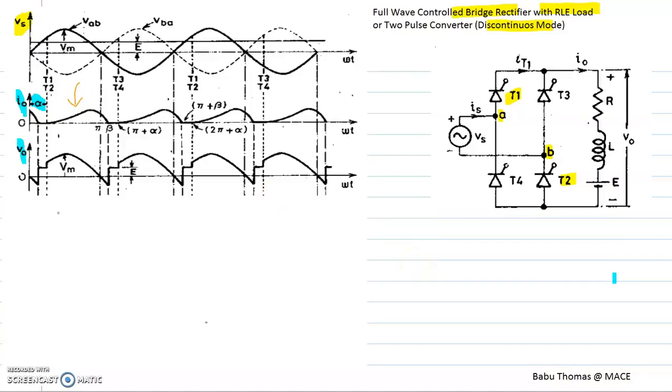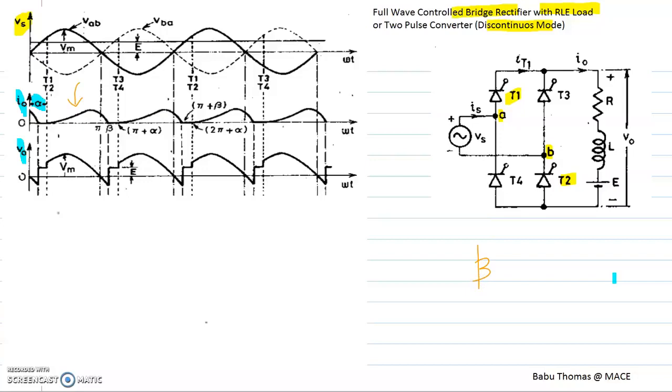From the angle alpha, the load current starts increasing, reaches a maximum value, and again starts to decrease because it is an inductive load. The waveform will be lagging behind your source voltage Vs. And at an angle beta, which is also known as the extinction angle, the current reaches zero.